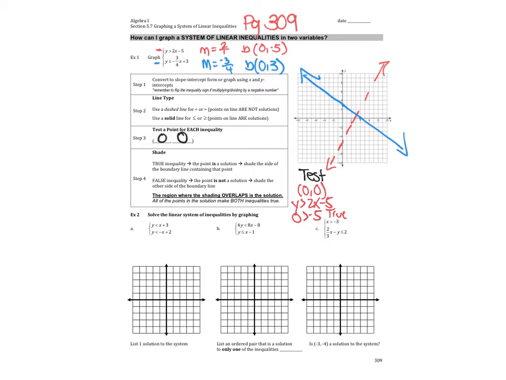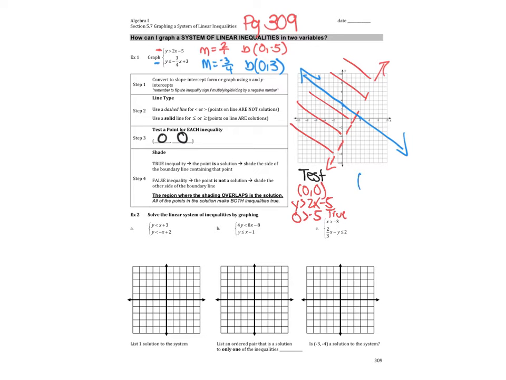This is true. So since it's in that quadrant, I'm not going to completely color it in. I'm just going to draw some perpendicular lines because I know it fits in there.